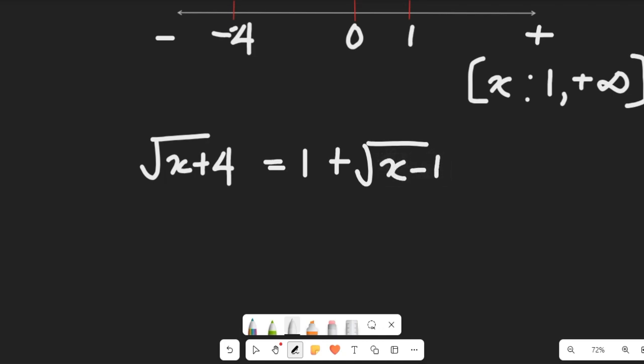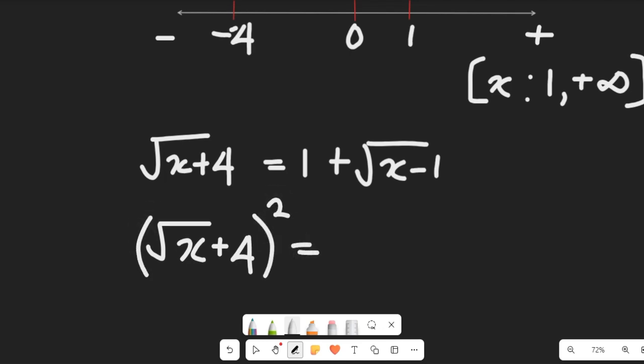Now, considering these two expressions, let's take the square of both sides. If we take the square of both sides, we'll have the square root of x plus 4, all squared, equal to 1 plus the square root of x minus 1, all squared.